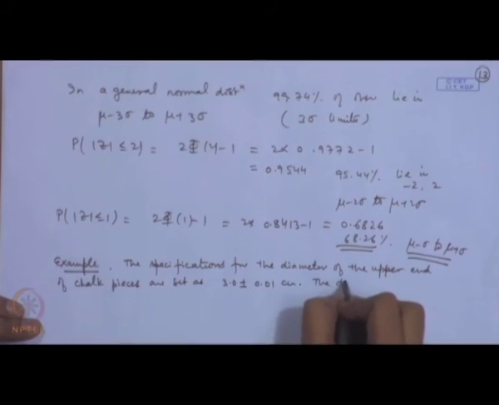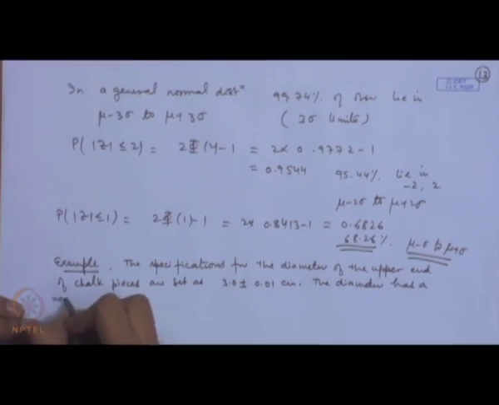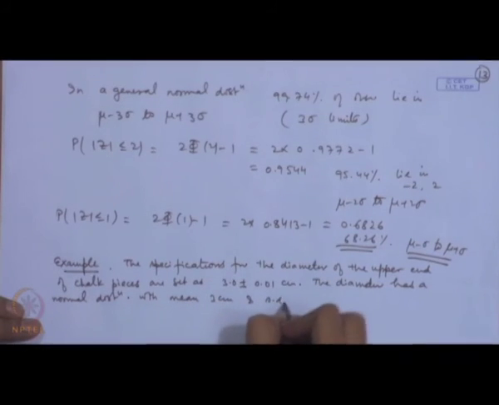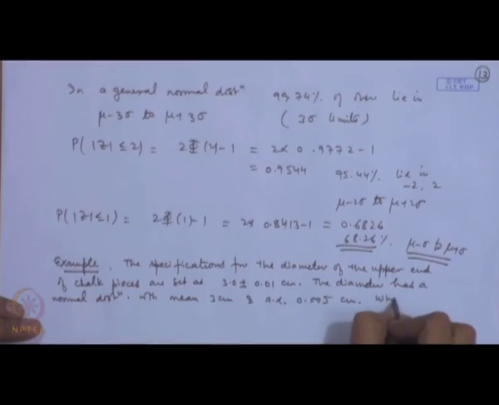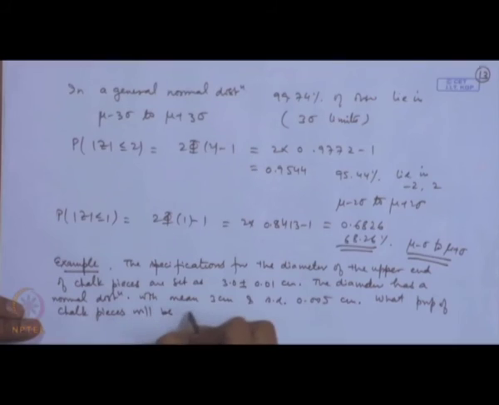The diameter has a normal distribution with mean 3 centimeter and standard deviation 0.005 centimeter. What proportion of chalk pieces will be declared defective?